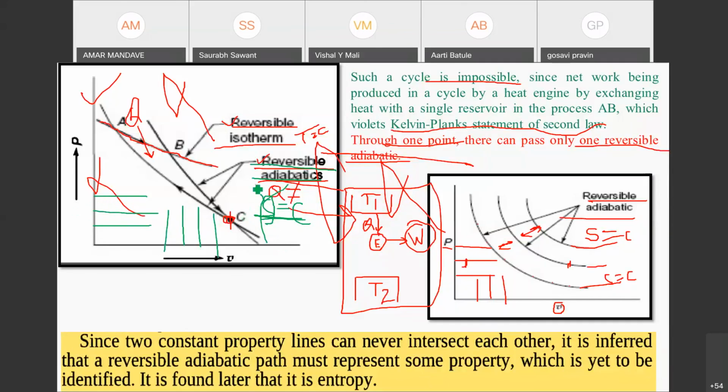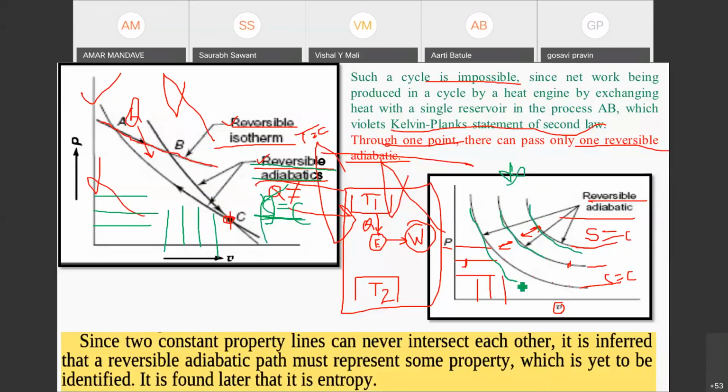That's why those reversible adiabatic lines should be parallel to each other. On the right hand side, you can see in this diagram all those reversible adiabatic lines are parallel to each other.